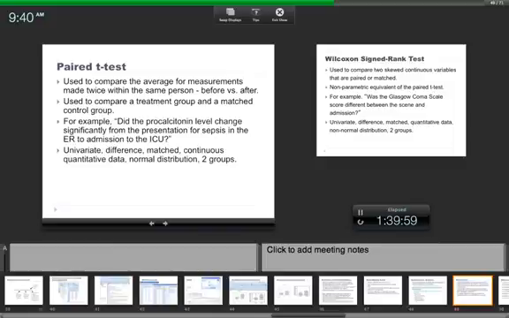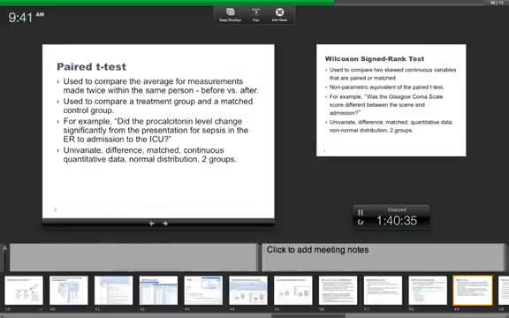So the paired t-test is used to compare the average of measurements made twice on the same person, or used to compare a different group with a matched control group. A matched control group means that there are some characteristics in the control group that are matched to the particular experimental sample. For example, did the procalcitonin level change significantly from the presentation of sepsis in the emergency room to admission to the ICU?